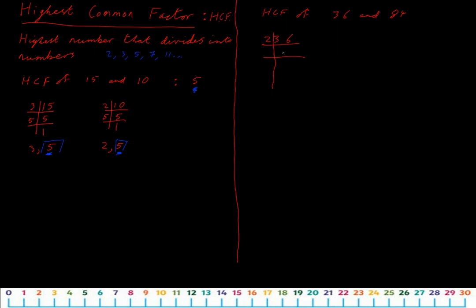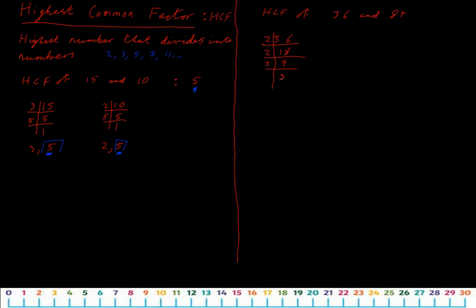So I divide 36 by 2 and I get 18. I divide 18 by 2 because that's the smallest prime number that it divides into, and I get 9. 2 doesn't divide into 9, so what's the next prime number? 3, and 3 does divide into 9.